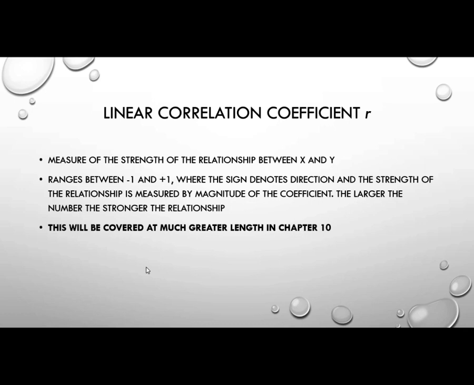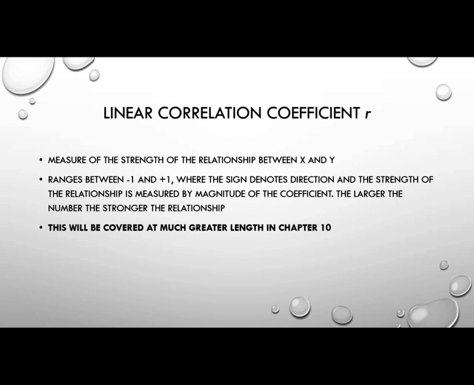But if I have a correlation coefficient of -0.4 and a positive correlation of 0.2, so -0.4 is actually the stronger correlation coefficient. Even though it's negative, negative doesn't mean anything about the magnitude, it just tells us about the direction.